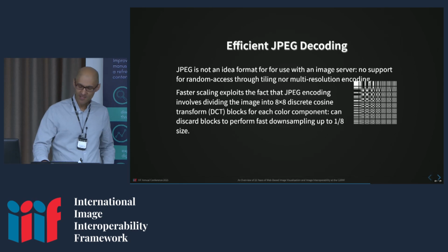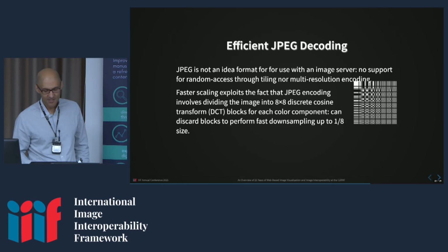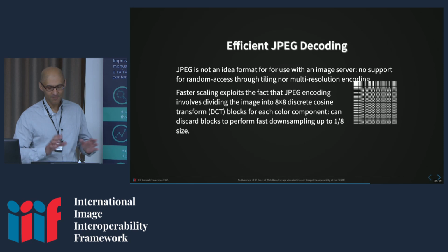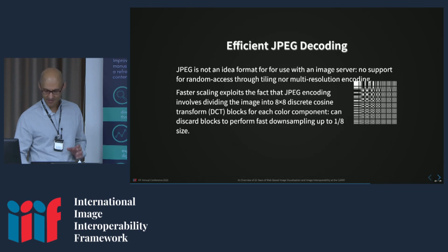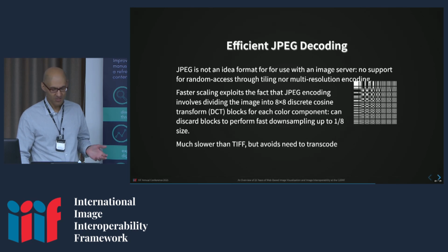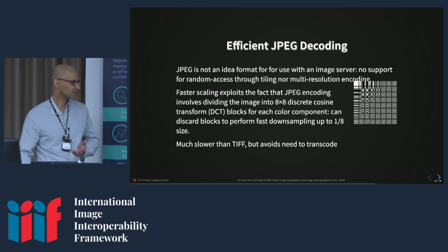So we can exploit the fact that the JPEG format itself uses these blocks of 8x8 DCT structure, which allows you to do a kind of trick where you can downsample up to a factor of 8 just by discarding tiles. So it's obviously much slower than TIFF, but it avoids the need to transcode. A lot of people don't want to transcode into JPEG 2000 or TIFF.